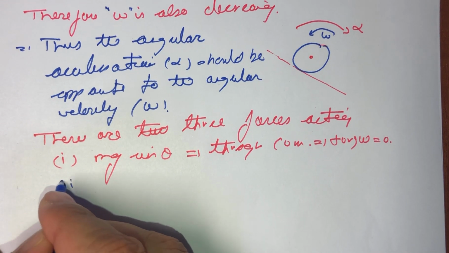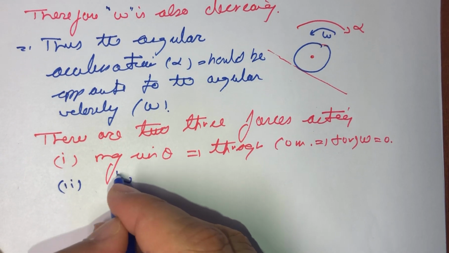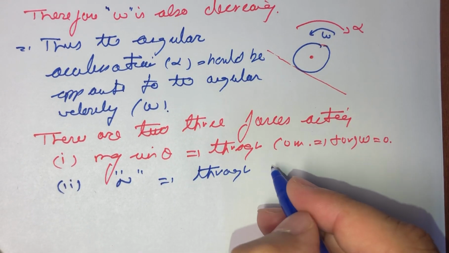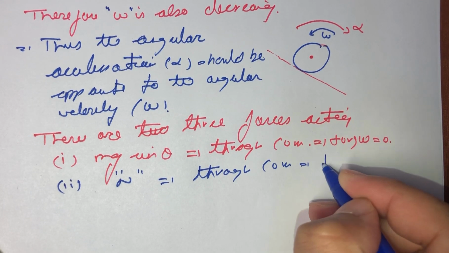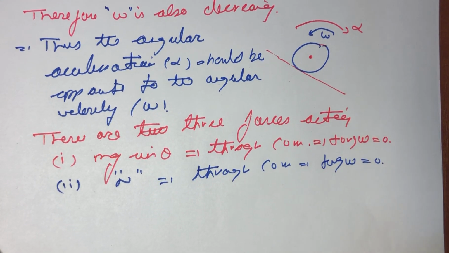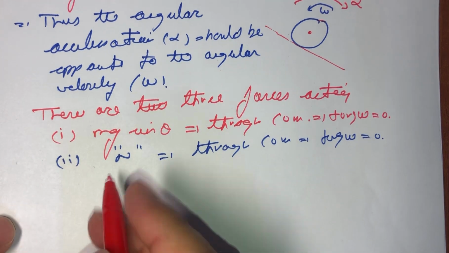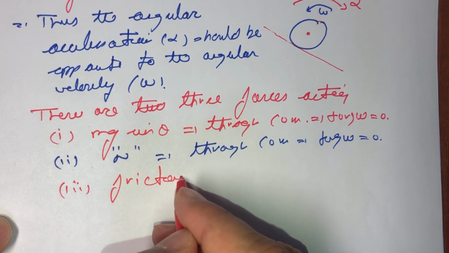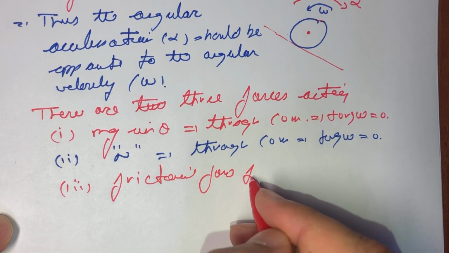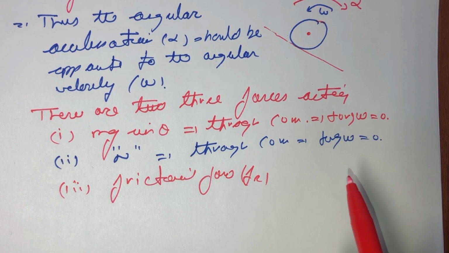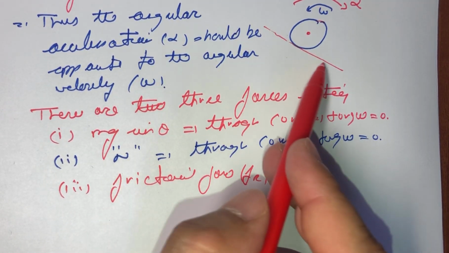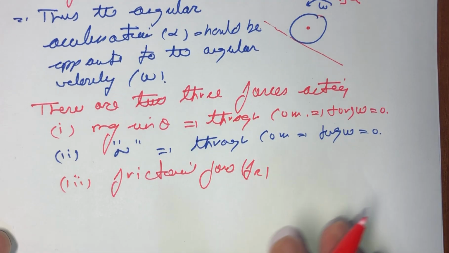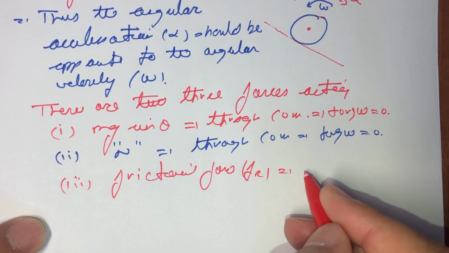The second force is our normal, whose line of action is also through the center of mass, therefore the torque will also be equal to 0. And finally there is the third force, the frictional force Fr, which acts at the point of contact between the surface and the disk. So the frictional force is going to produce the required torque.